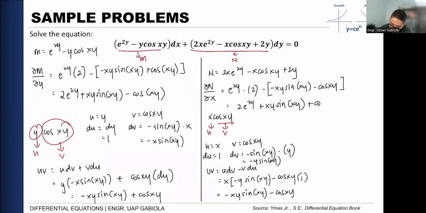Ano ba? Cosine, sine, negative, negative.